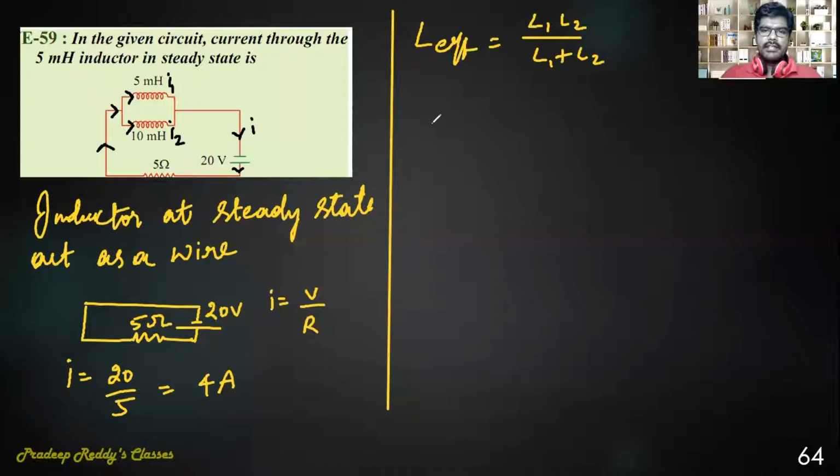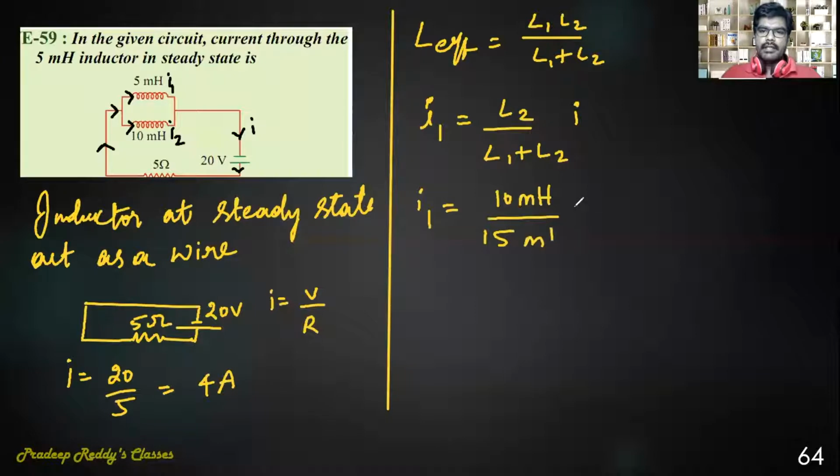Likewise, the current in this inductor I1 will be equal to L2 divided by L1 plus L2 into I. Therefore, current I1 can be written as 10 millihenry divided by 15 millihenry into the total current in the circuit, which is 4. Millihenry gets cancelled. 5 2s 10, 5 3s 15.